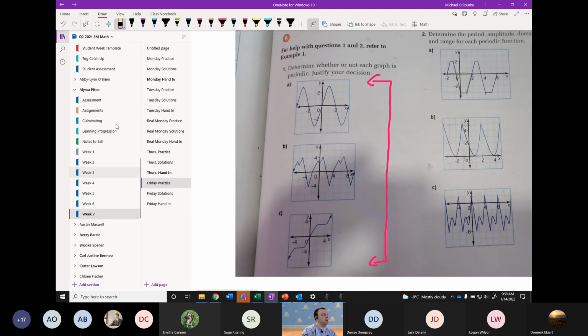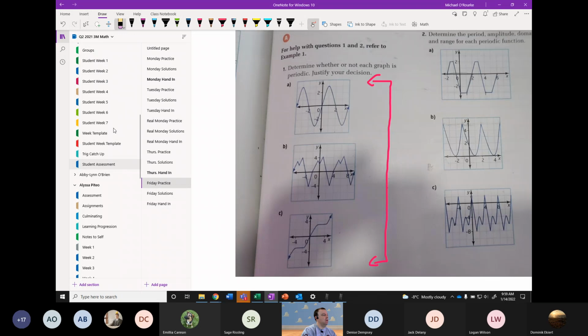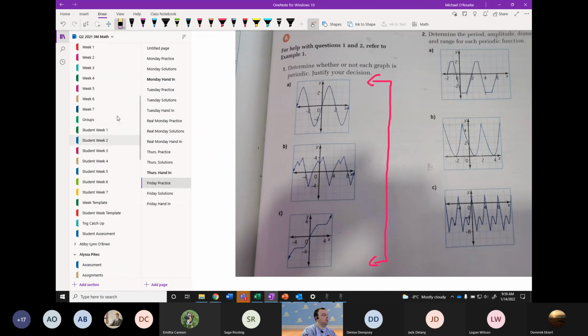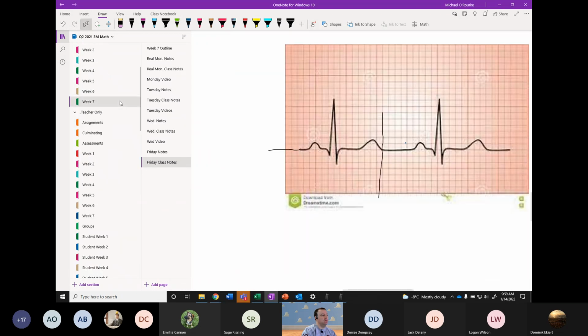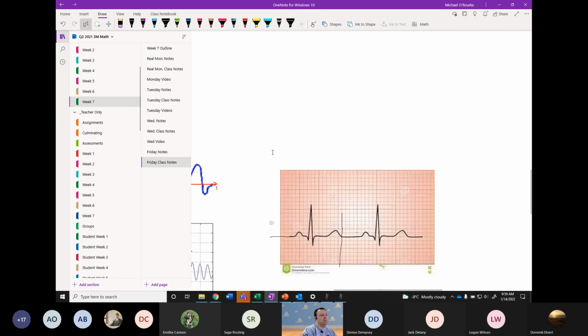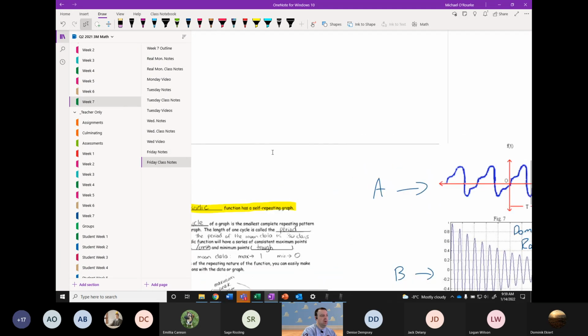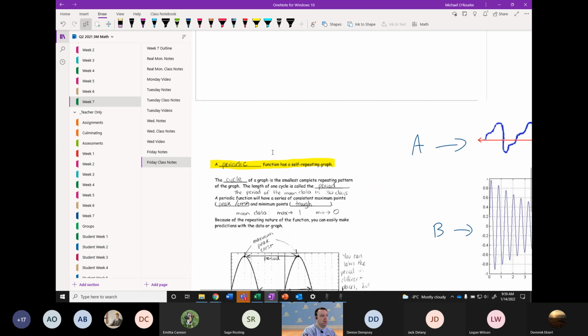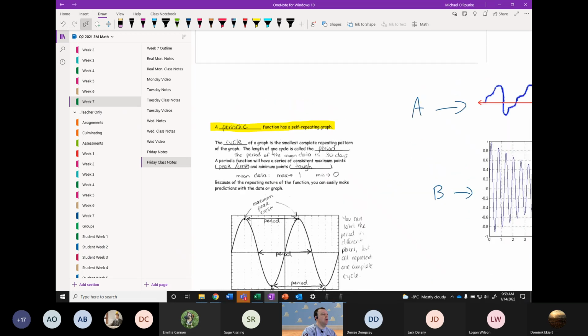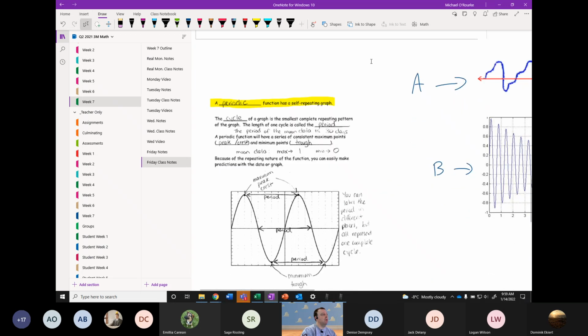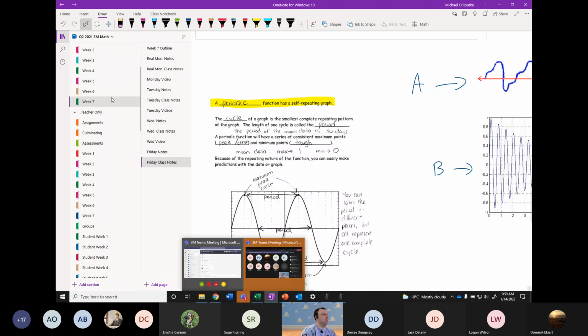So let's go back to our notes section here. Where am I? Okay, I'm going to get a blank piece of paper out that you can write a note on, okay?